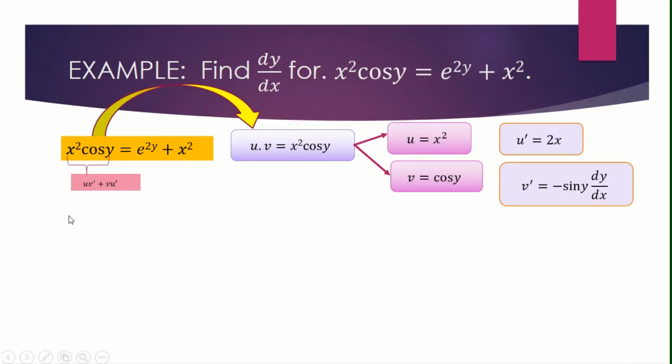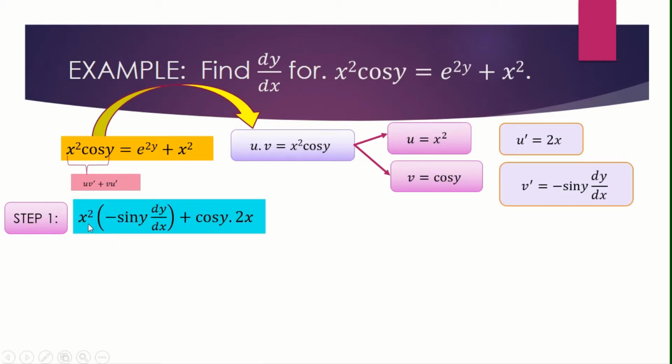By substituting u, v, u prime and v prime, we get the differentiation of x squared cos y as x squared times negative sin y dy/dx, plus cos y times 2x. Here x squared is u, v prime is negative sin y dy/dx, v is cos y, and u prime is 2x.